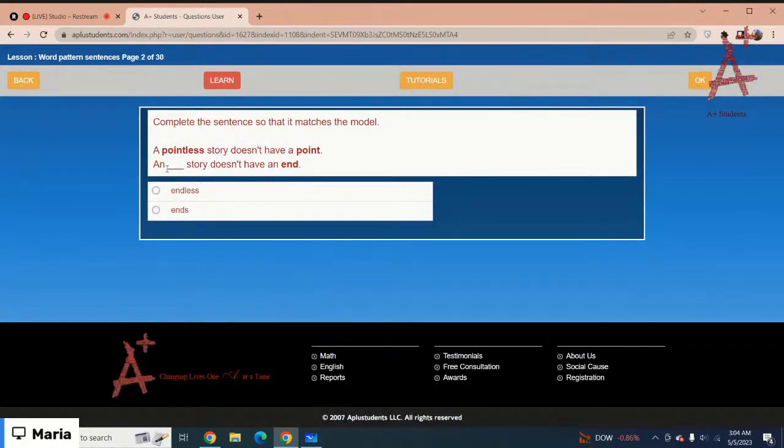Okay, the next one is a pointless story doesn't have a point, and dash story doesn't have an end. So which is the correct option, endless or ends?